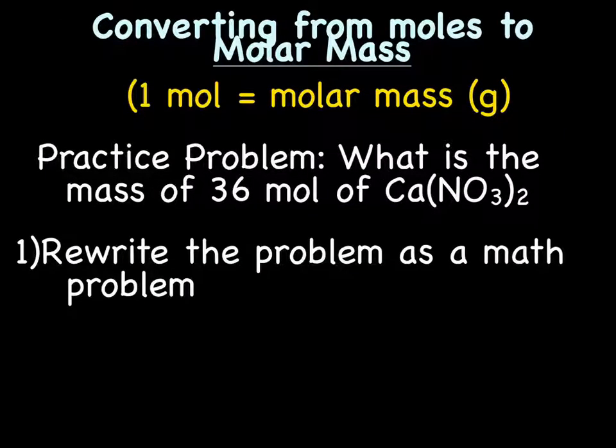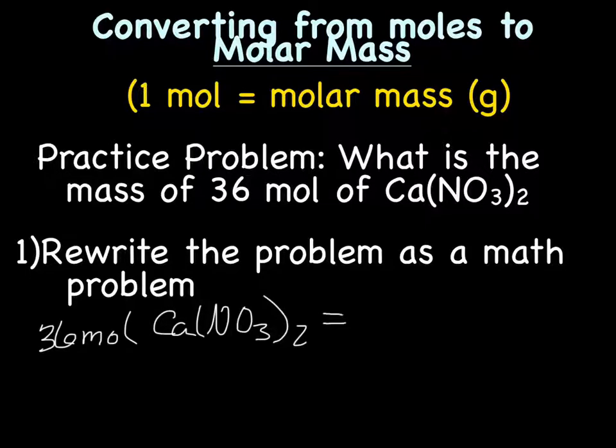Okay, let's get to the main point of the lecture, which is converting from moles to molar mass. Right? And so our practice problem as we go through the steps will be, what is the mass of 36 mole of potassium nitrate? Okay, so the first thing we want to do is rewrite the problem as a math problem. And we know we have 36 mole of CaNO3 and we're trying to find out what that is in grams.